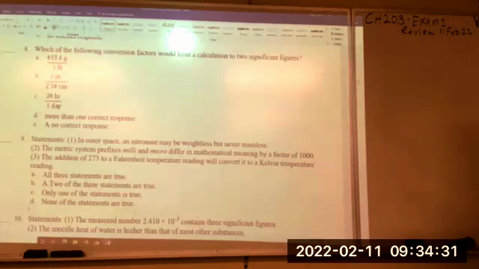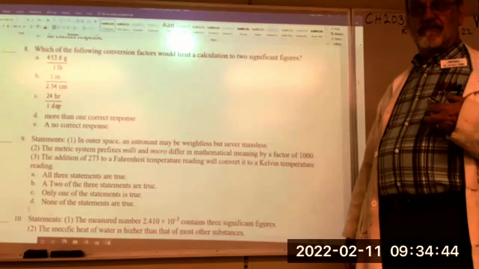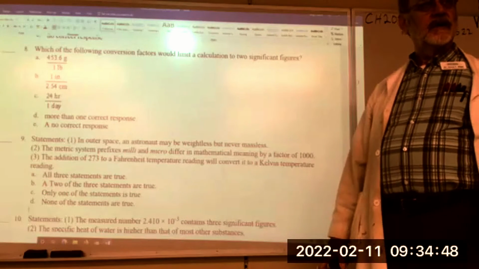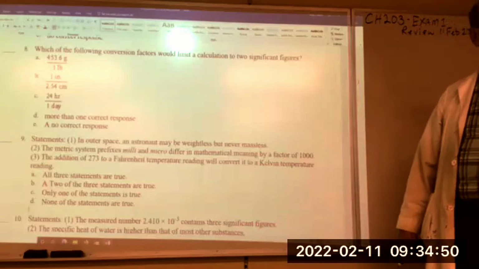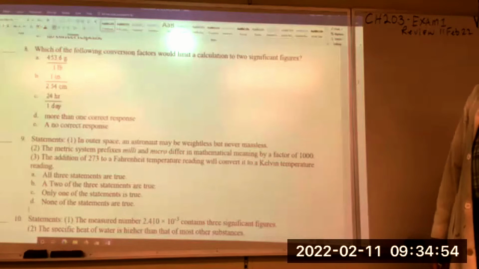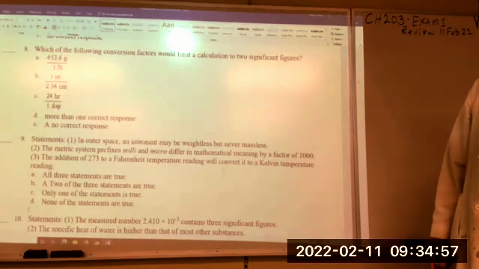Okay, we've got three statements. How many of them are true? In outer space, an astronaut may be weightless, but never massless. Okay, I'll go with that. You know, technically speaking, you're never weightless as long as you're in a gravitational field, what they call microgravity. You feel weightless, right? It's a relativity thing.